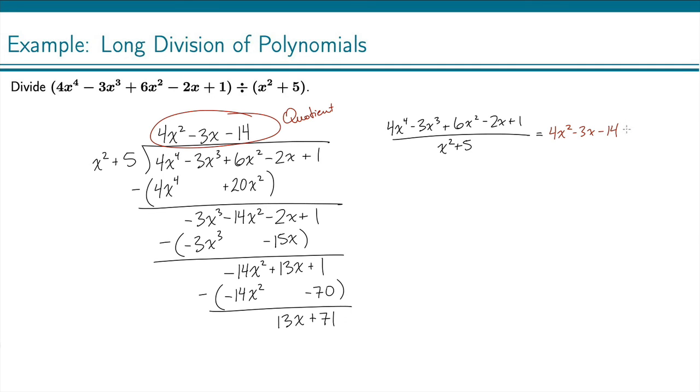And then I have plus my remainder, which is the 13x plus 71. That's my remainder. And then I divide that by my original divisor, x squared plus 5.